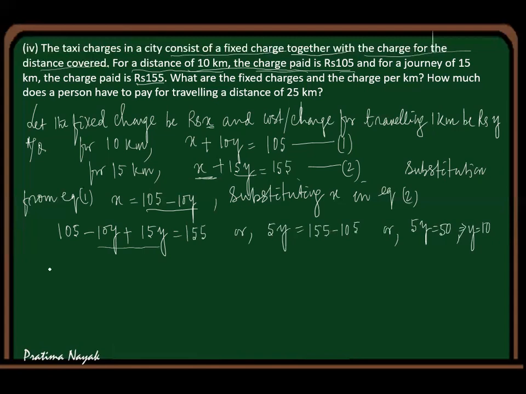After getting y, I am getting x. I am taking this expression. X is equal to 105 minus 10 into 5. 10y, 10 into 5. 105 minus 50. So this will be 55. Now let us write the statement.